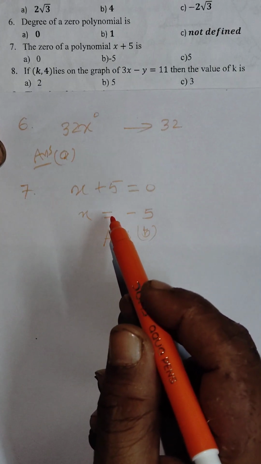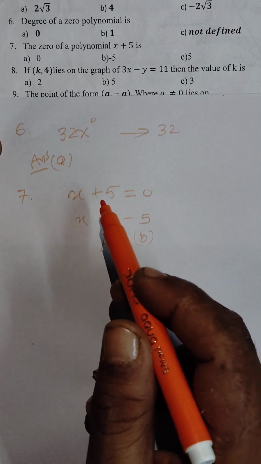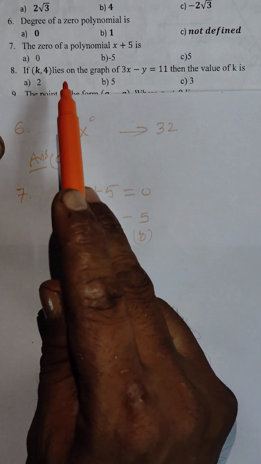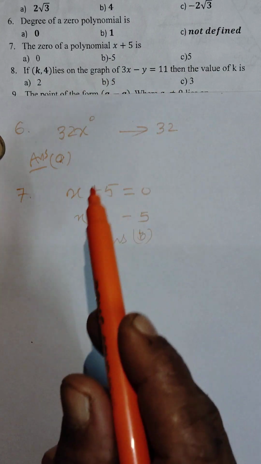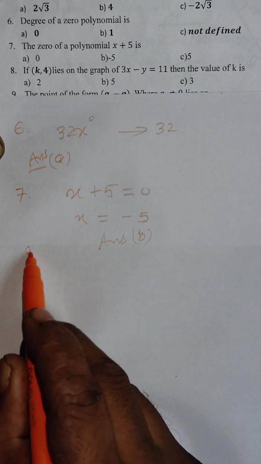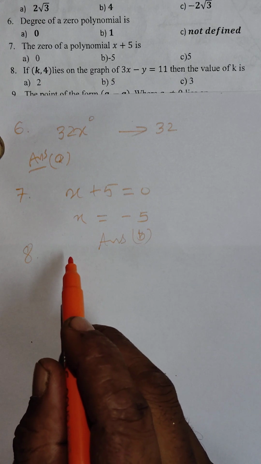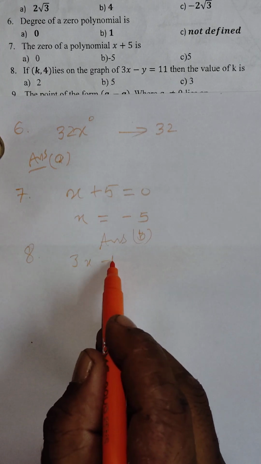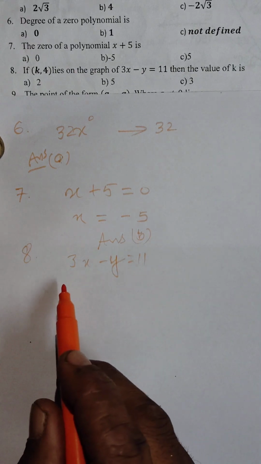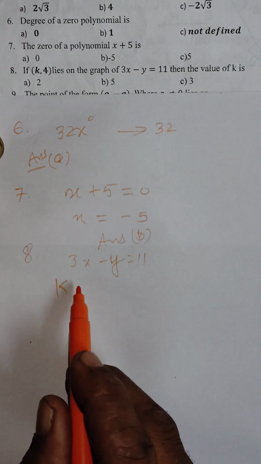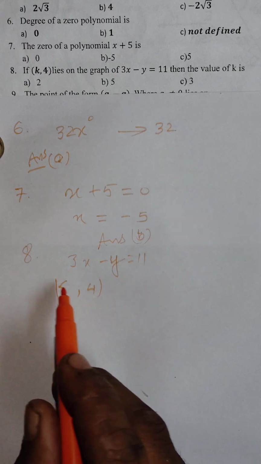Next, come to question number 8. Question 8 is: if k, 4 lies on the graph 3x minus y equal to 11, find the value of k. So in the 8th question, the equation 3x minus y equal to 11 is given, and this line has the point k comma 4.